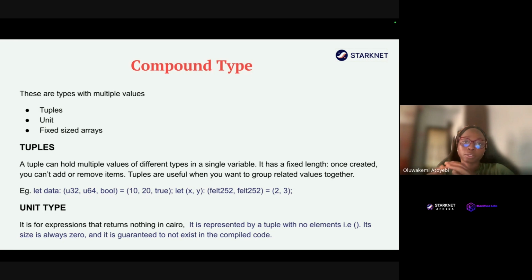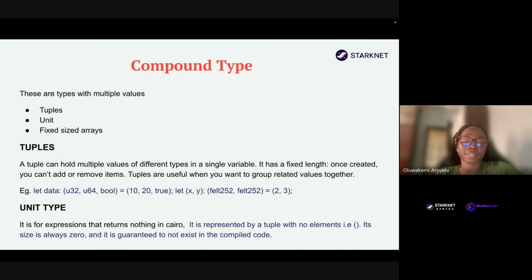So now let's talk about the tuples. A tuple can hold multiple values of different types in a single variable. It's just like the opposite of an array. A tuple would hold different types of data, but under a single variable.